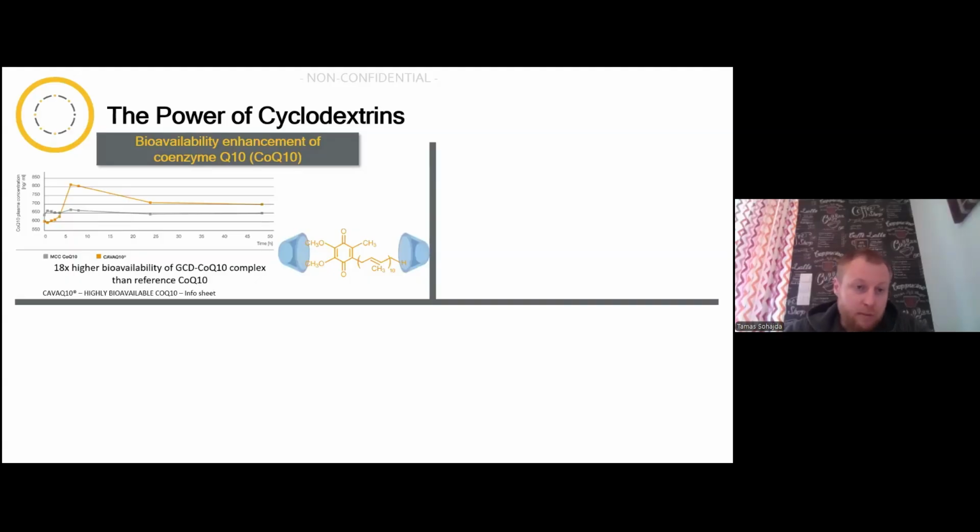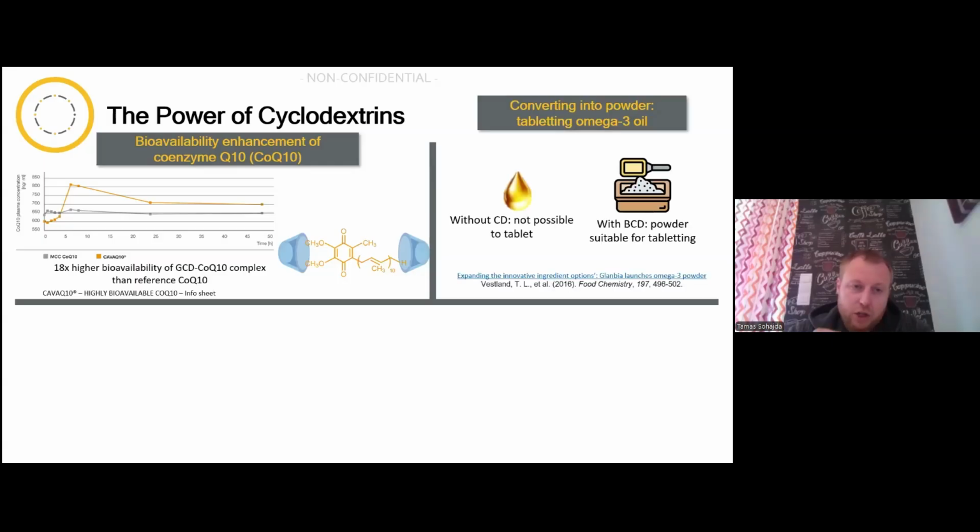Similar examples can be brought from the nutraceutical area, of course, based on the very same mechanism of action. Some of these slides we brought from Wacker, so you can see how much it improves the bioavailability of coenzyme Q10.